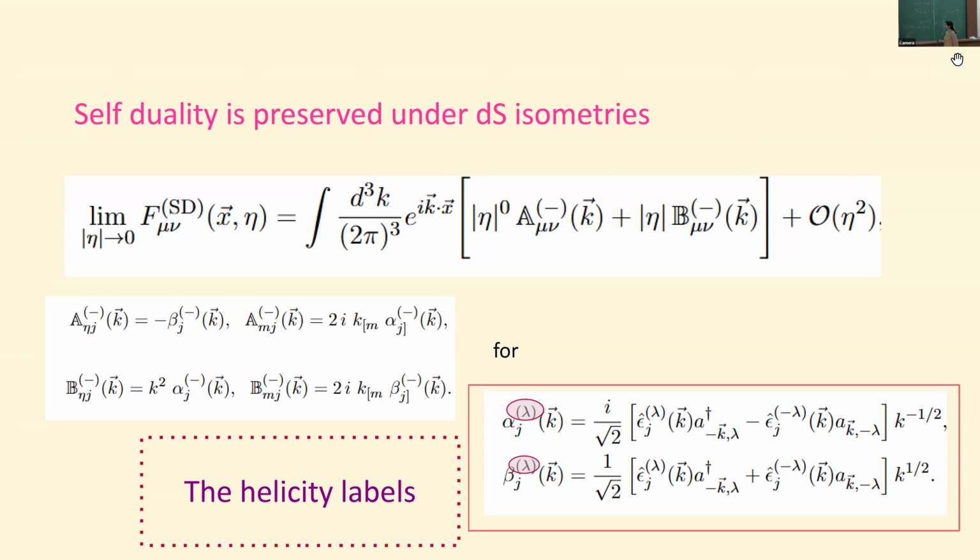This is how we introduce the helicity labels for the late time operators. They come with certain combinations of polarization tensors. The same label appears in front of creation, and the opposite polarization label appears in front of annihilation. Before doing that, we could have just given them random labels.